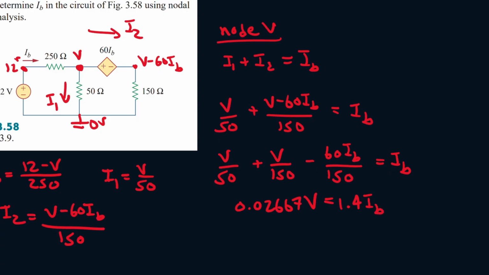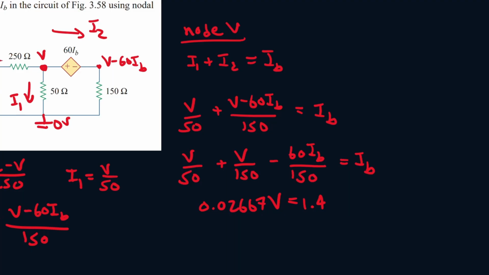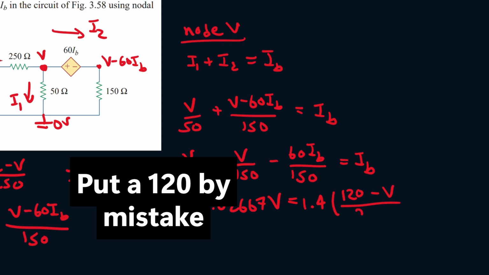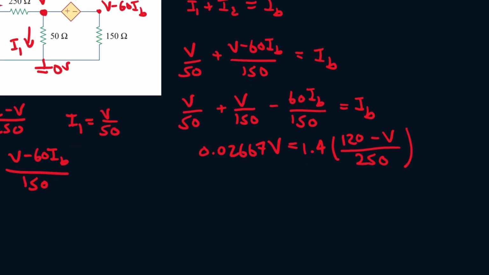And let's plug in IB. We know IB was 12 minus V over 250, so it'll be 12 minus V over 250. Now let's put everything inside.